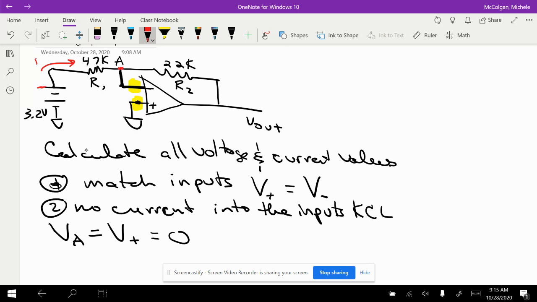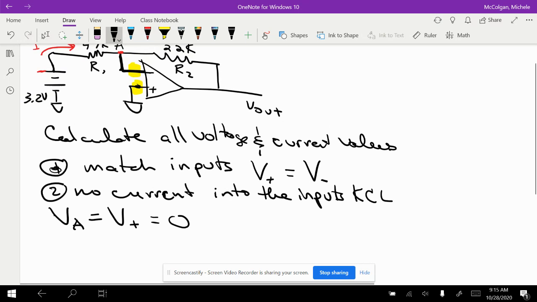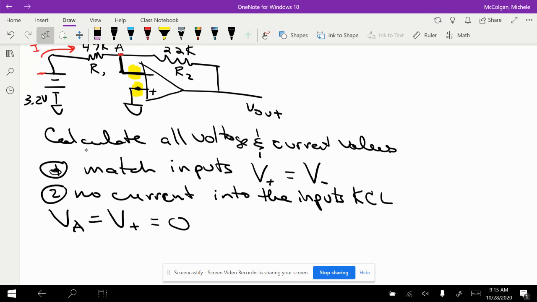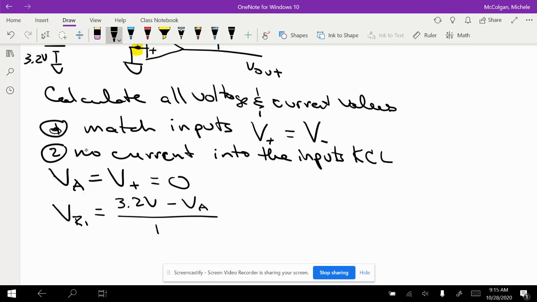So that's going to be my I. And I can find that current because the voltage drop across R1 is equal to my source voltage 3.2 volts minus V at A, divided by R1. And that's going to be 3.2 volts minus 0 over R1, which is 47K.